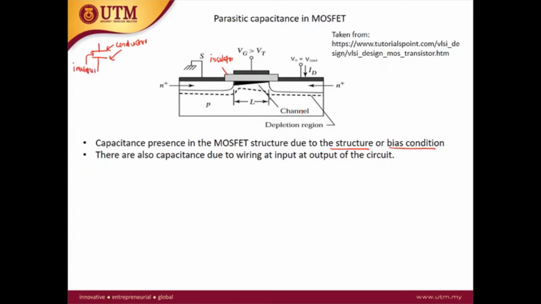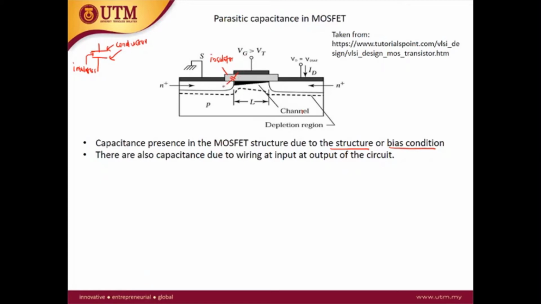From this structure you can identify several points where we can have capacitance. For example, between the gate and the source we have a capacitor, because this is metal, insulator, metal.